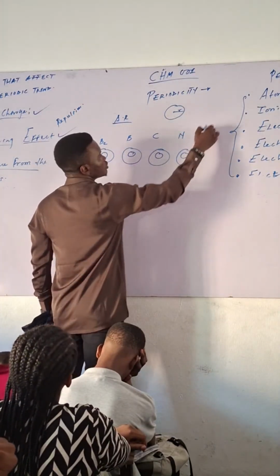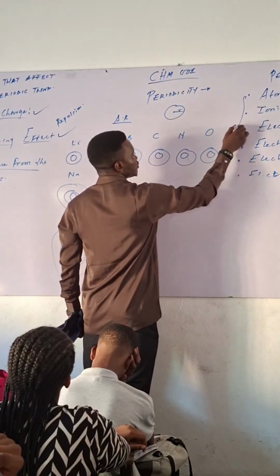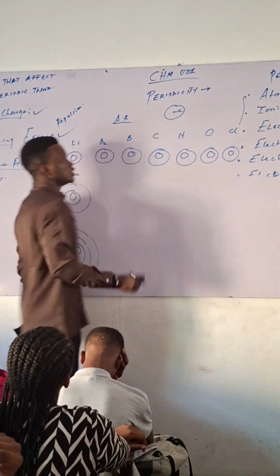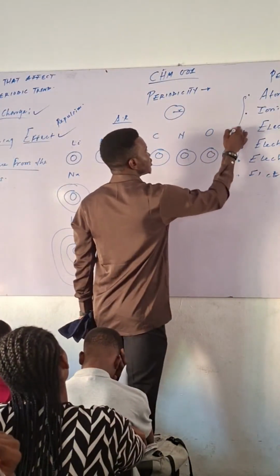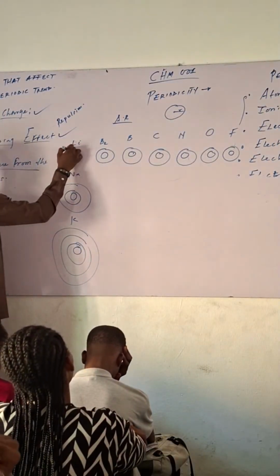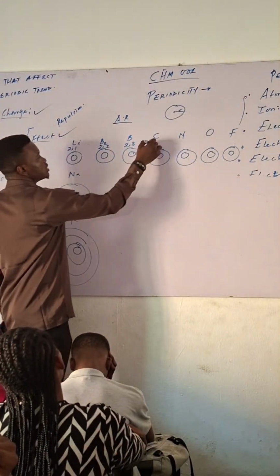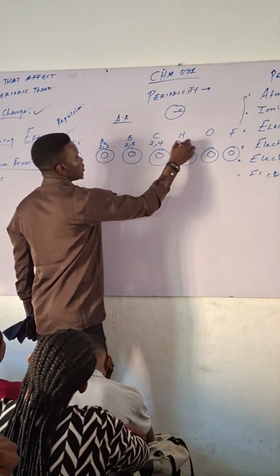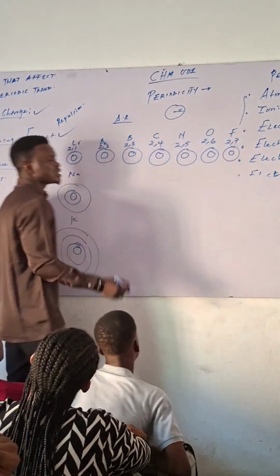Nitrogen. 1, 2. Oxygen. 1, 2. Chlorine. 1, 2. Fluorine. I was testing you. So fluorine. So now this is 2,1, 2,2, 2,3, 2,4, 2,5, 2,6, 2,7, right?